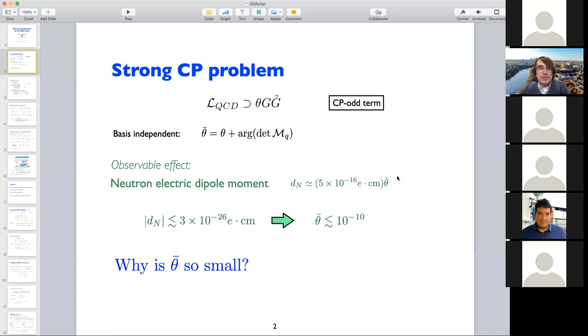If you look at the experimental upper bound on the neutron electric dipole moment, this is the experimental bound, 10 to the minus 26. And therefore, you see that theta bar has to be 10 to the minus 10. So the strong CP problem is basically the question of why theta bar is so small in the standard model.